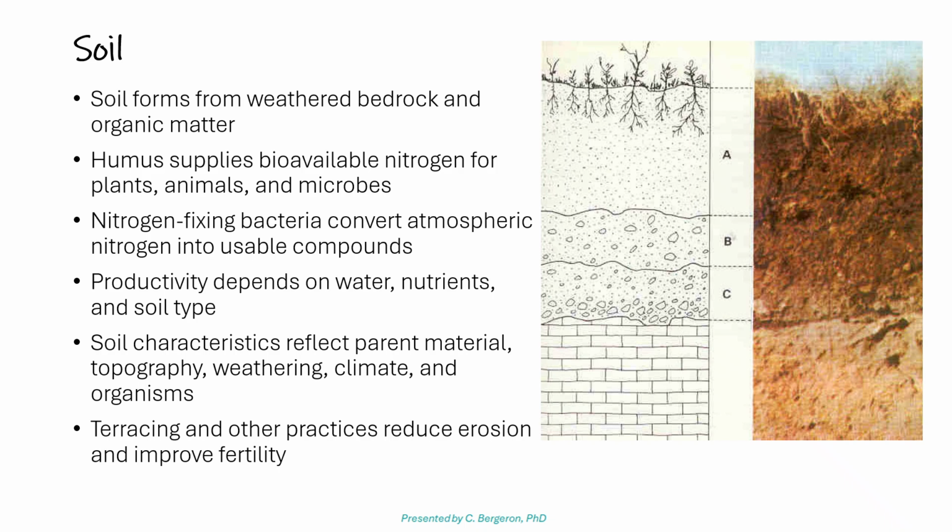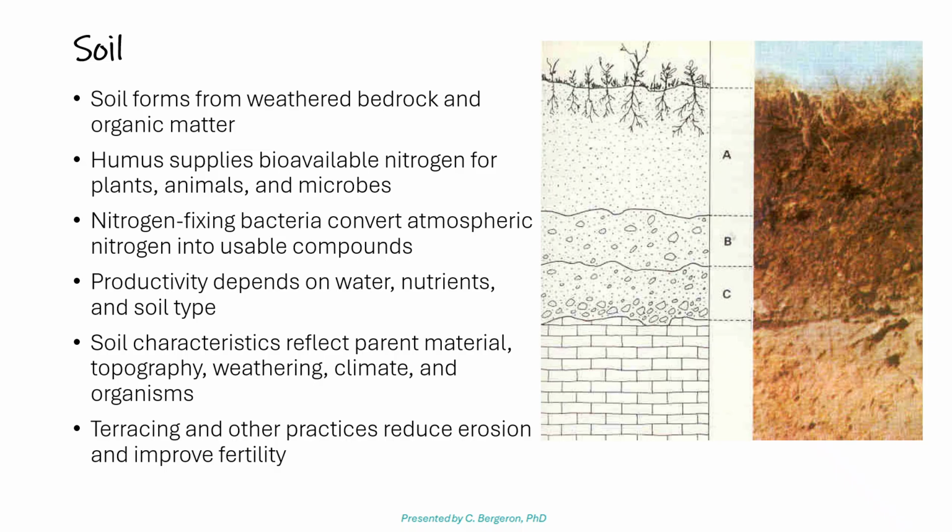Now, because this organic component of soil is so important, oftentimes when you might hear a scientist refer to poor soil or rich soil, what is that poor or rich referring to? It's typically referring to the amount of organic material within the soil.